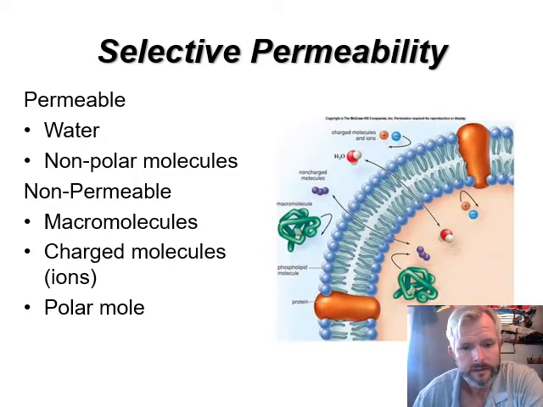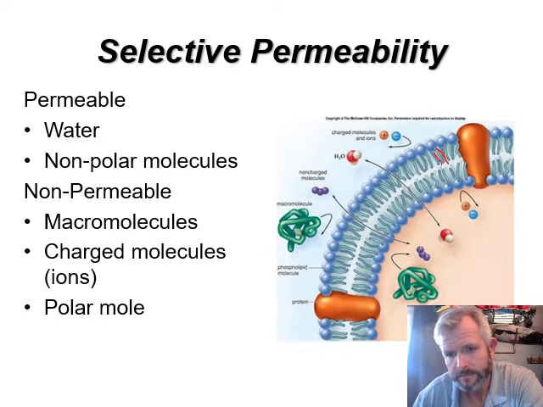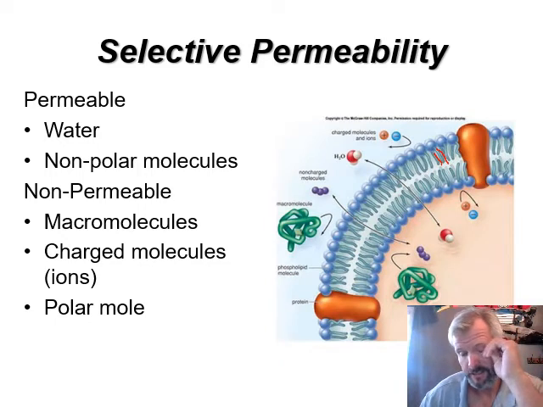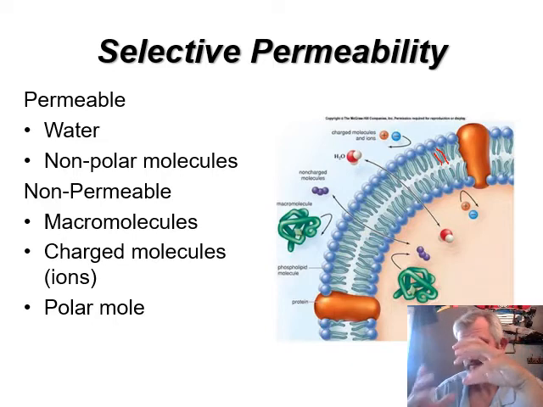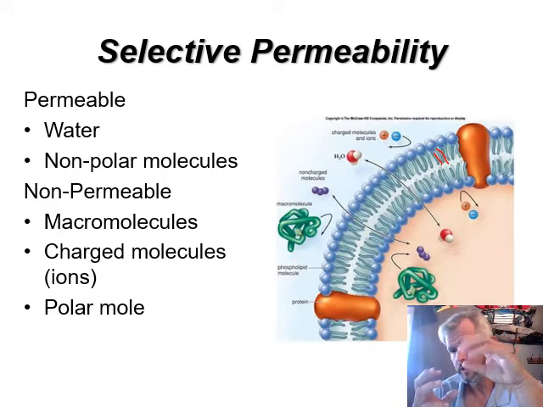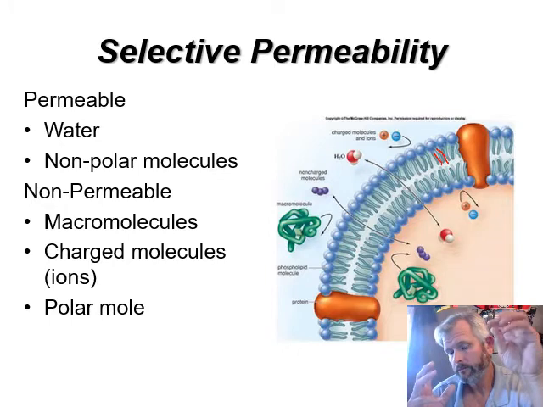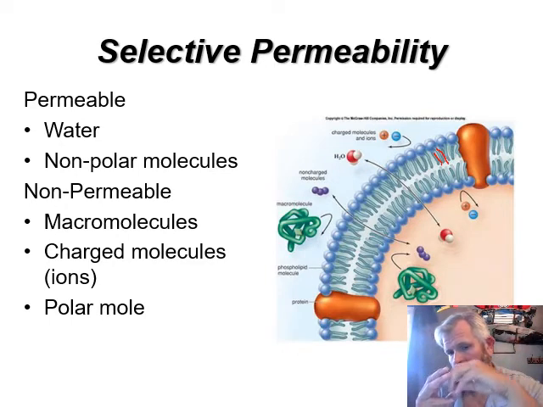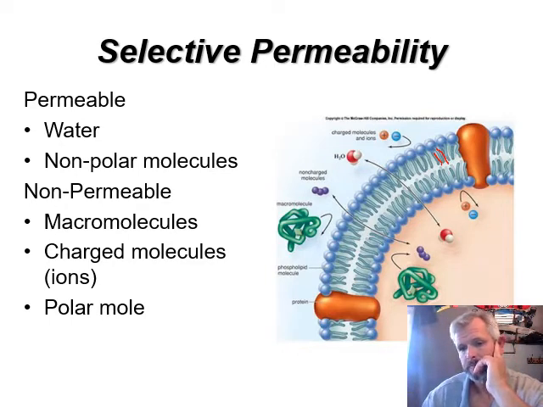Here is a rendering of that plasma membrane. There are those phospholipids. Okay, there are the tails, again giving it a nonpolar characteristic. And so if you remember solubility, nonpolar things like to dissolve in nonpolar things, but polar things don't like to interact with nonpolar. So that gives this membrane the characteristic of selective permeability.